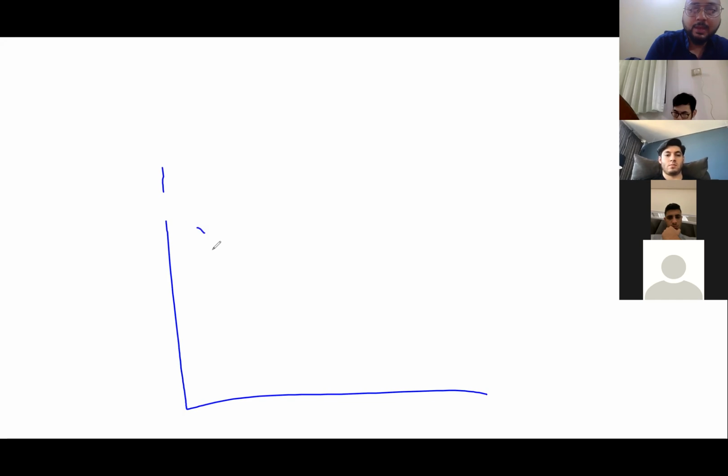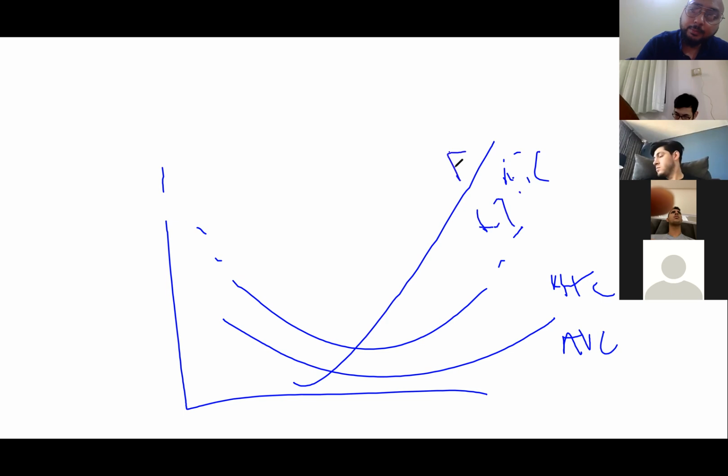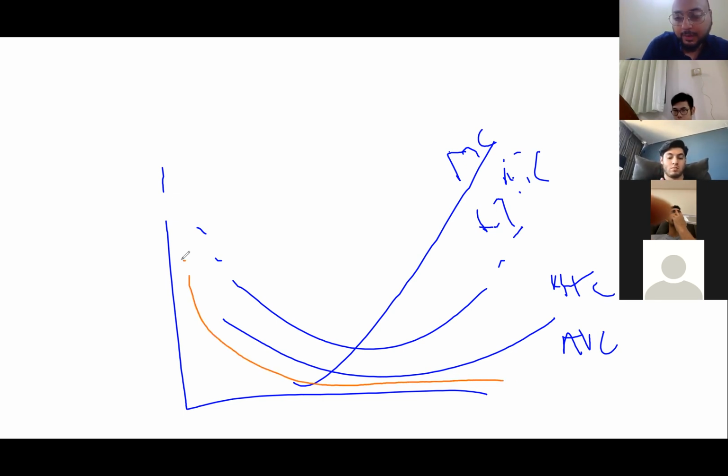Average total cost is U-shaped, average variable cost is below the average total cost, this is our MC, and our FC is like this, always decreasing. So what are the behaviors? Let me write it down here. This is average total cost.